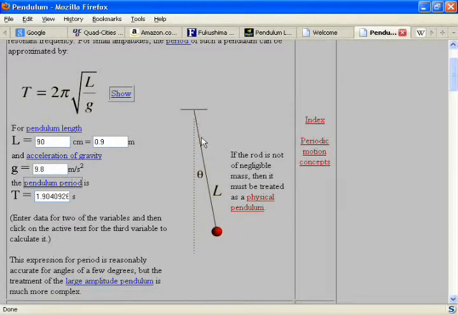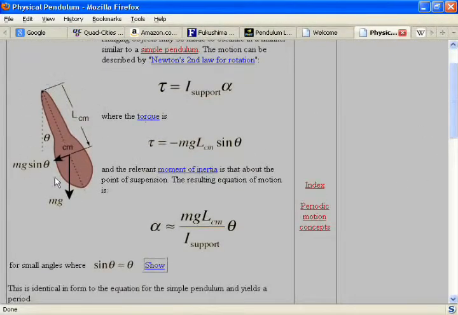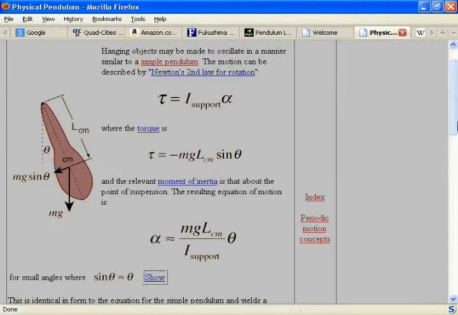Because the mass of the flag is not all at the point on the end. It's uniformly distributed along the length. So we need to go look at a physical pendulum now. This is a pendulum where the mass is not evenly distributed.